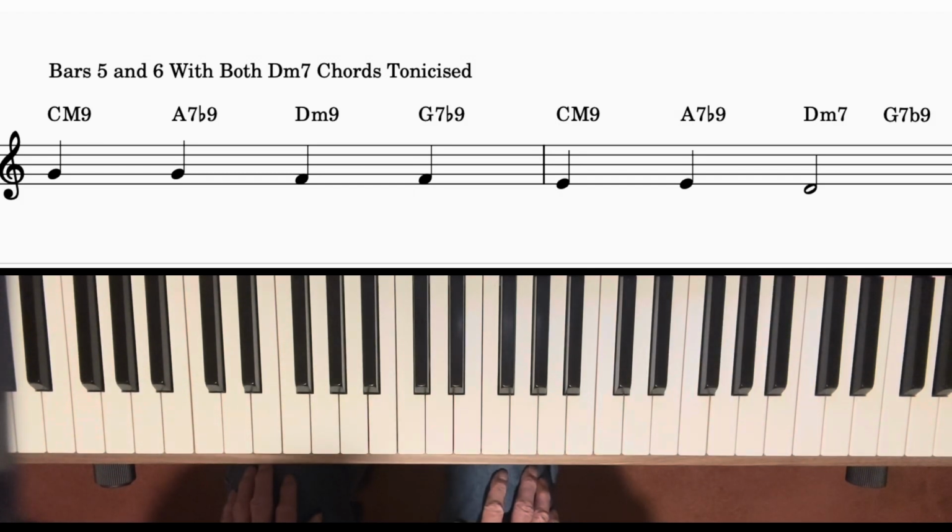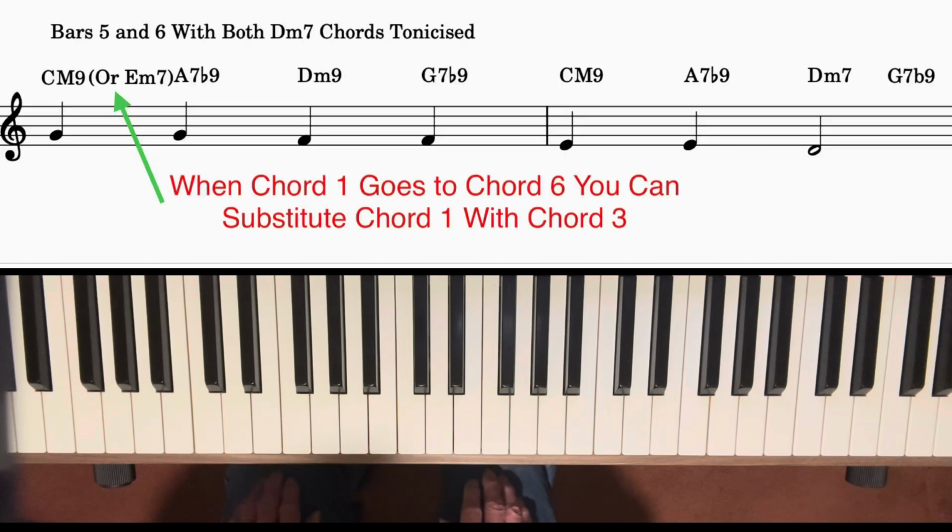Let's look now at the third and fourth of those middle four bars. Now, before we talk about the flat fifth or tritone substitutes, you may have noticed that instead of playing the C major 7, I played E minor 7. So why is that? Why can we do that?